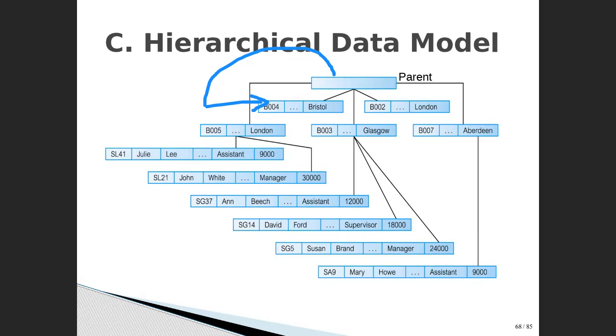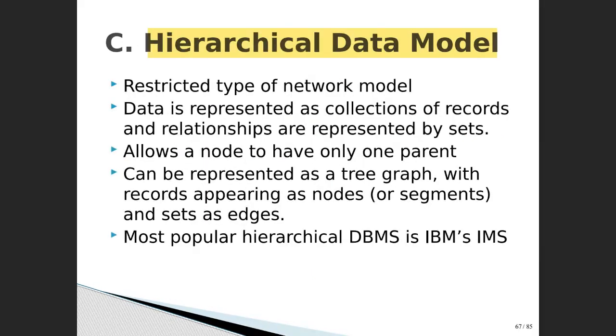This is just an example: every node will be referred to one parent. Okay, so this is about the three types of record-based data model.